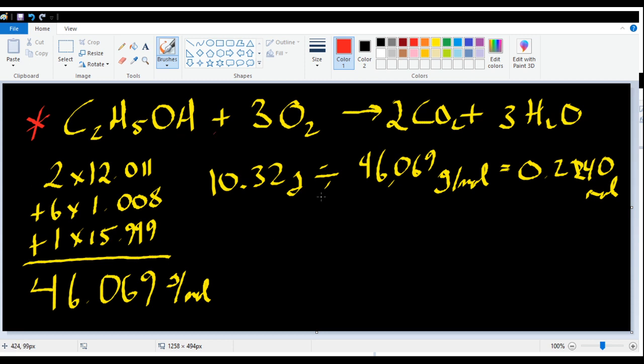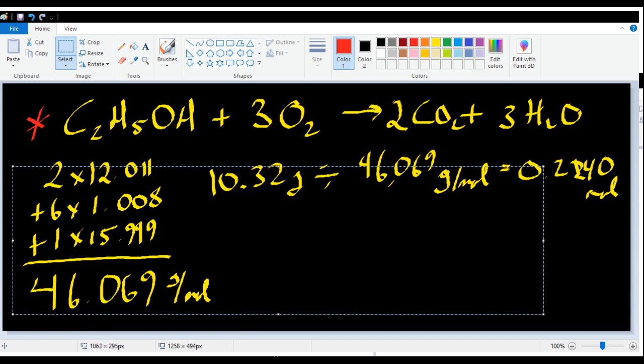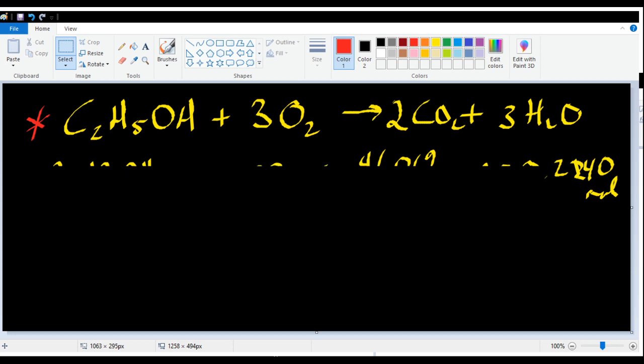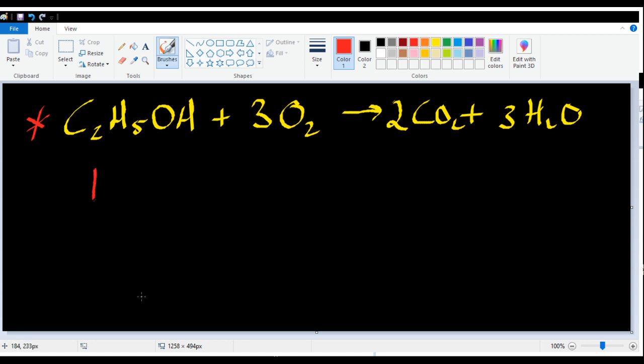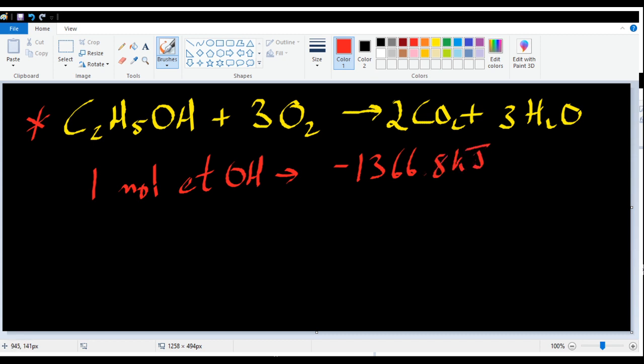So let me clear up some space so you can see what I'm talking about. So if you were to burn 1 mole of ethanol, it would release 1,366.8 kilojoules of energy.